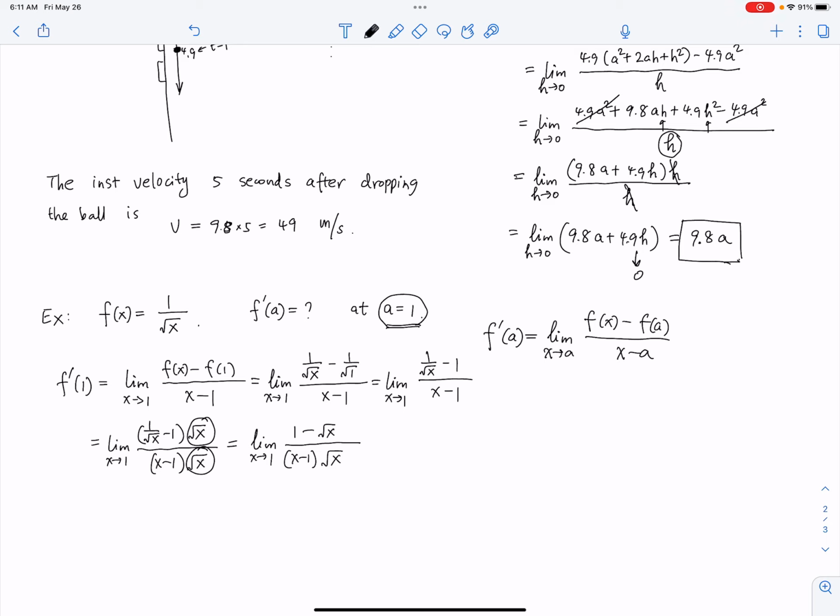Okay. Now, another trick is we want to get rid of this 1 minus root x. So one common trick is let's multiply by 1 plus root x.